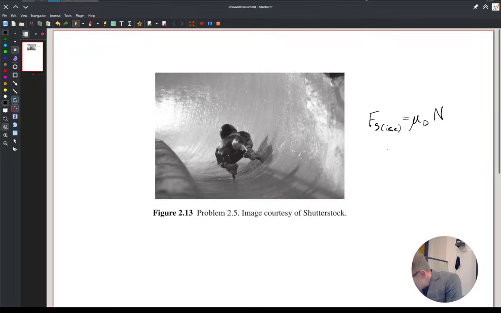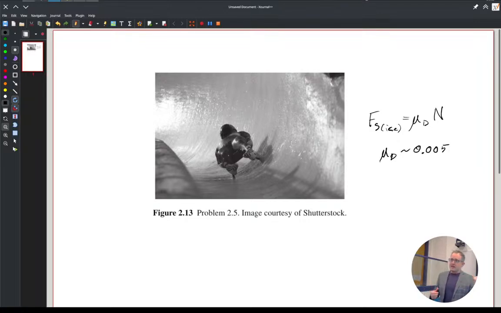But dynamic friction for steel on ice, like ice skating, it's about 0.005, something like that. So 0.01 is not a bad estimate if you're saying it's kind of a rough ice, like going out on a pond and ice skating. There's no Zamboni out there to make it smooth, but it's really, really small.